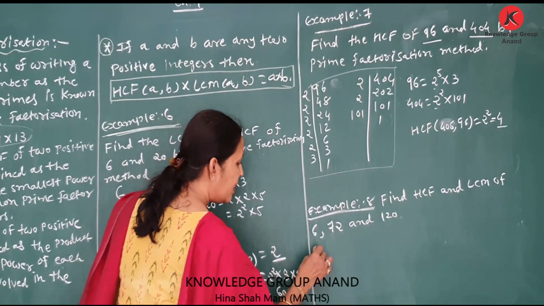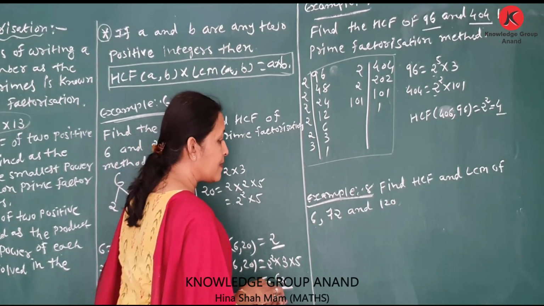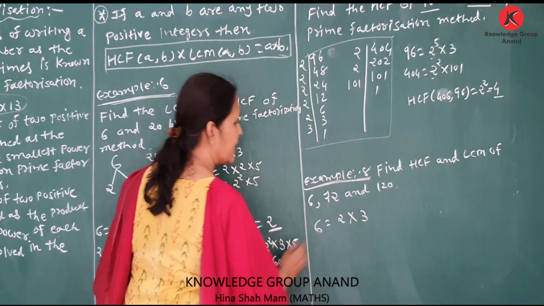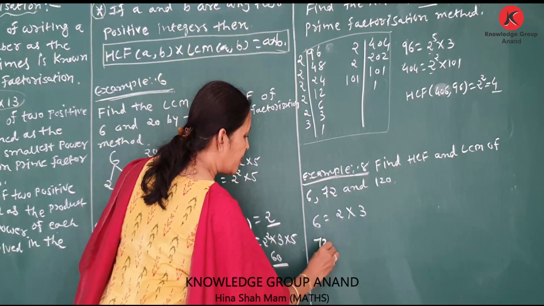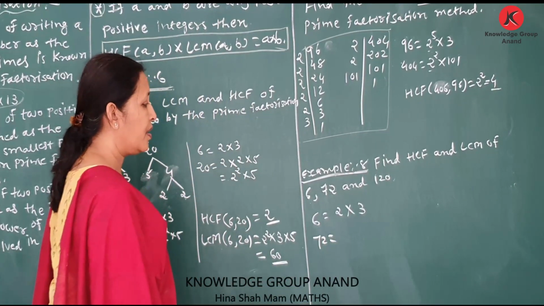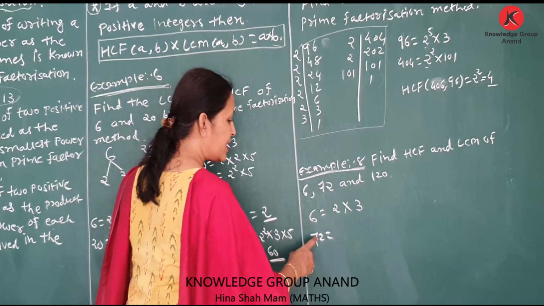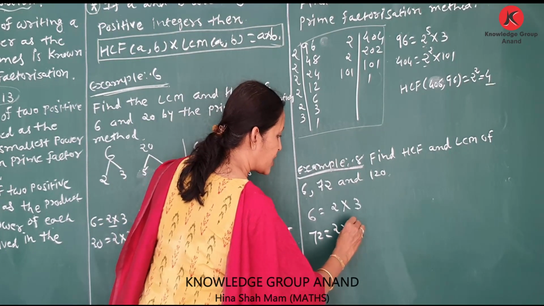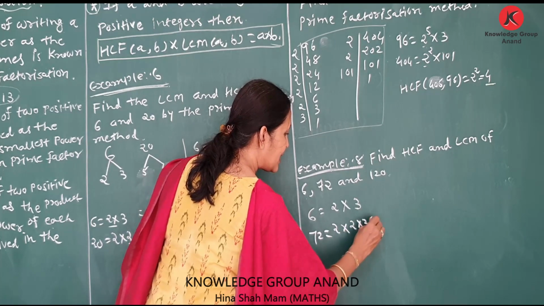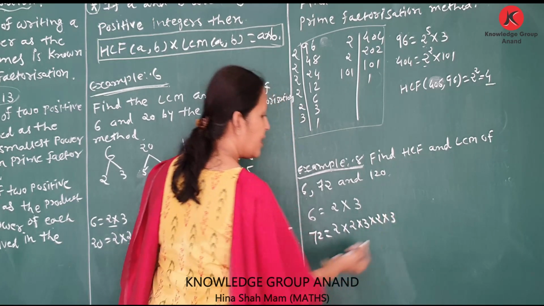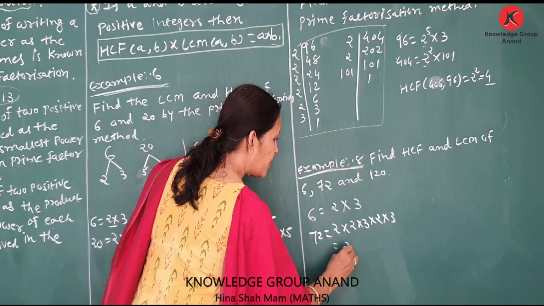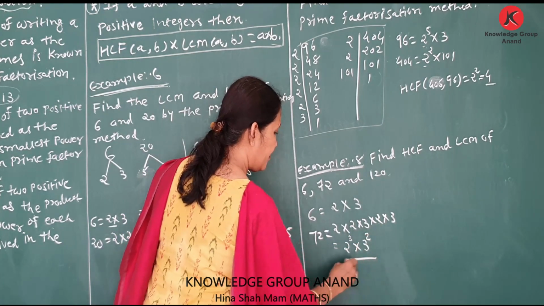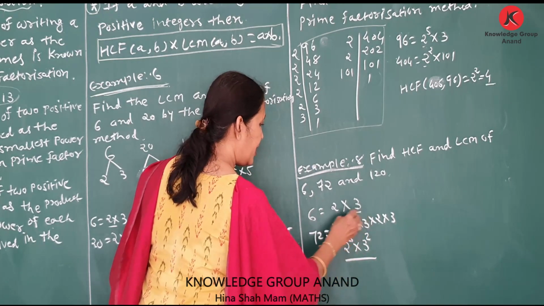First we find factors of 6. 6 is equal to 2 3s are 6. 72. 2 into 36. Factors of 36: 2 3s are 6 into 2 3s are 6, which is 2 cube into 3 square.